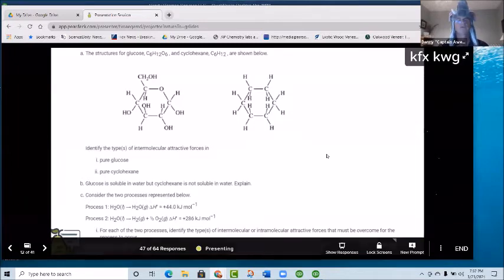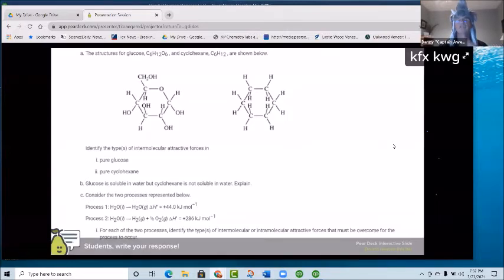So in process 1, really what they were looking for is hydrogen bonds, right? That's what they look for. Now, if you said hydrogen bonds and LDFs and dipole, great, that's fine. But you had to have at least those hydrogen bonds that hold liquid water together. And when you turn into a gas, you break those.